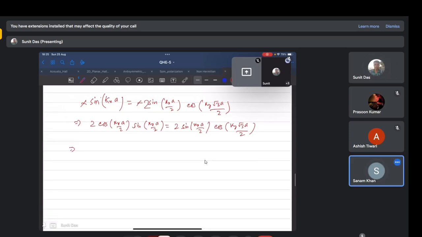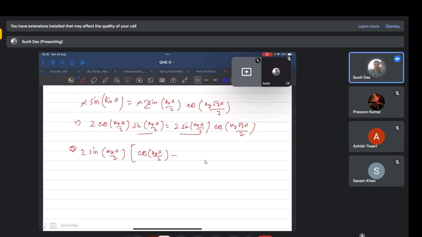So on both sides, this part cancels out, or rather we can take common 2 sine kx by 2 and then cos kx by 2 minus cos ky root 3a by 2 equal to 0.